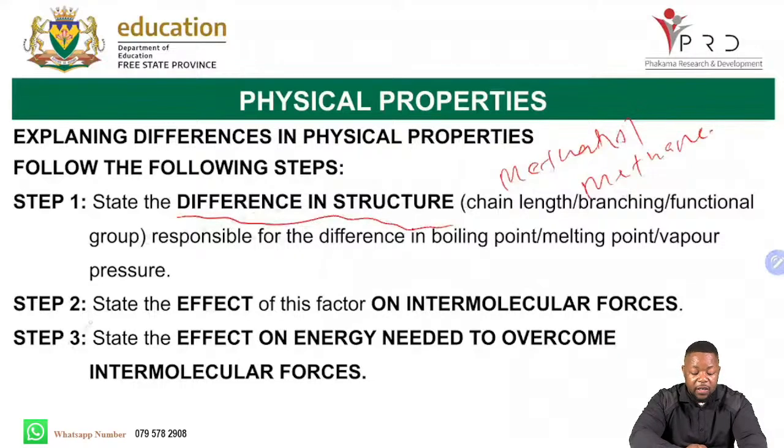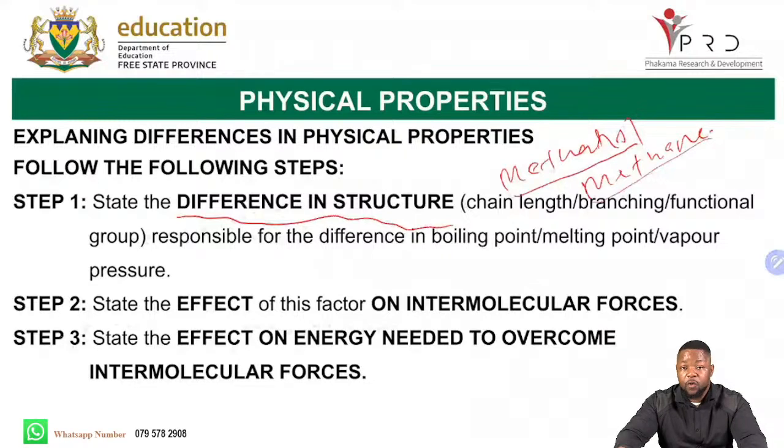And then in your step 2, you state the effect of this factor on the intermolecular forces. Because you have stated that methanol has hydrogen bonds and methane has London forces, you now go on to say that hydrogen bonds are stronger than the London forces. And then in step 3, you talk about the energy.